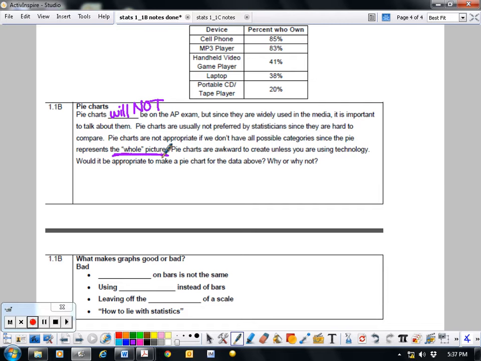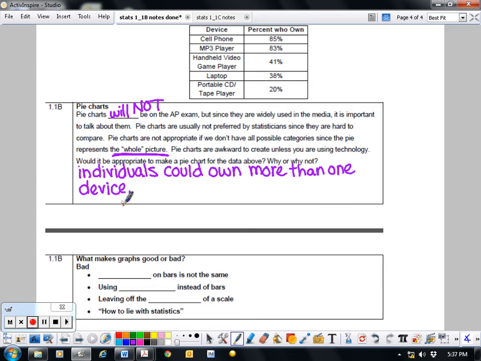So this data is not appropriate for a pie chart because individuals could own more than one device. And the percentages don't add up to 100 or close to 100.